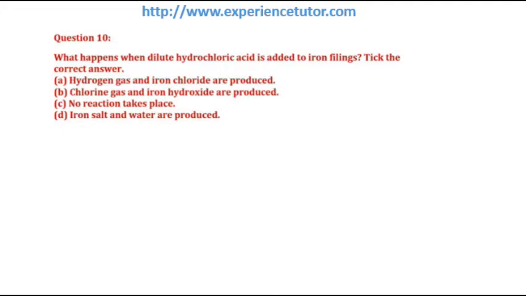What happens when dilute hydrochloric acid is added to iron filings? Tick the correct answer. So out of this, the correct answer is A. Hydrogen gas and iron chloride is produced.